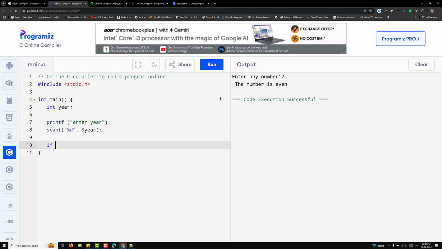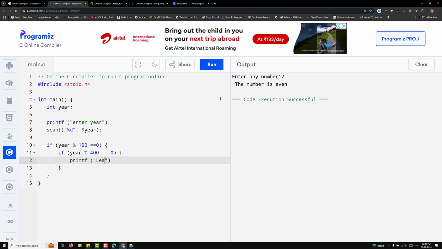Now if year mod 100 is equal to 0, then I need to check whether year mod 400 is equal to 0 or not. If this one is also equal to 0, then we can say printf it is a leap year. Otherwise, if year mod 400 is not equal to 0, then we can say printf not a leap year.